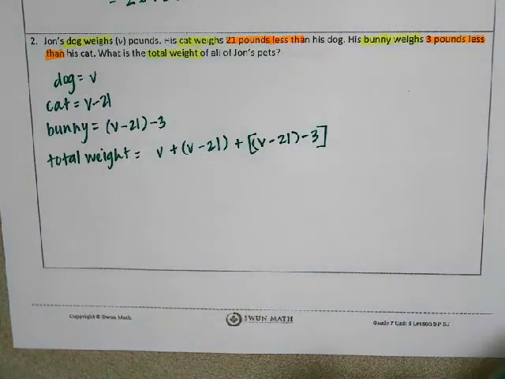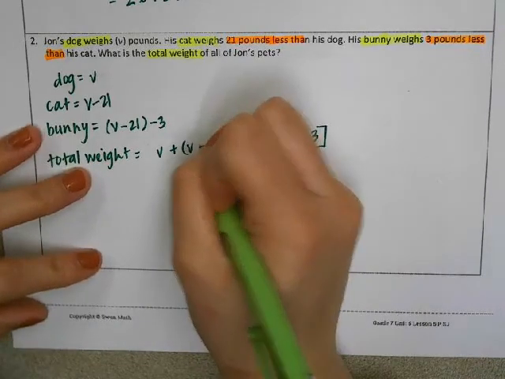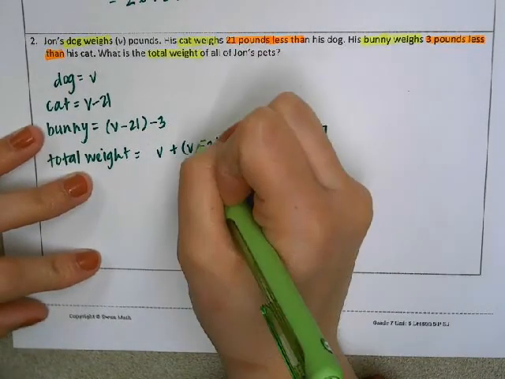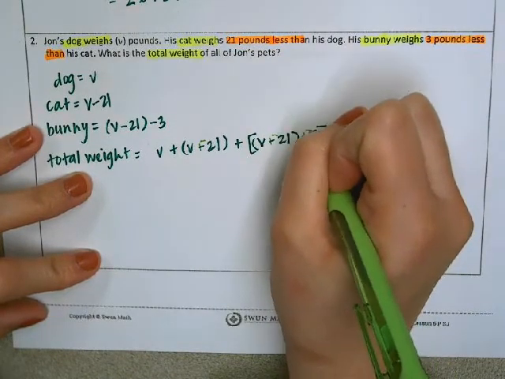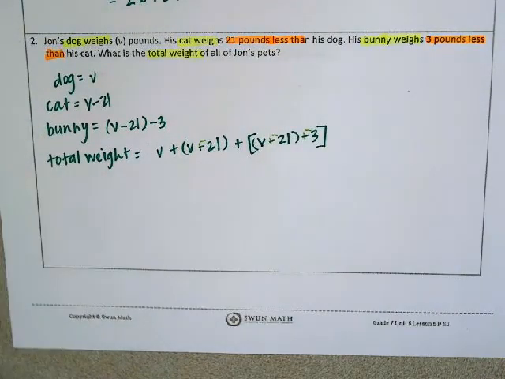Then I'm going to get rid of some of these subtraction signs so that I don't lose any minus signs. So keep change there, keep change here, keep change there. So now I can drop the brackets and the parentheses.